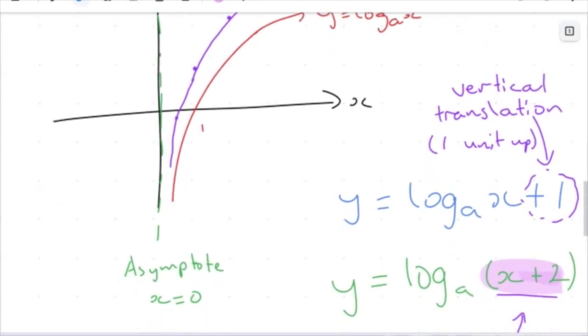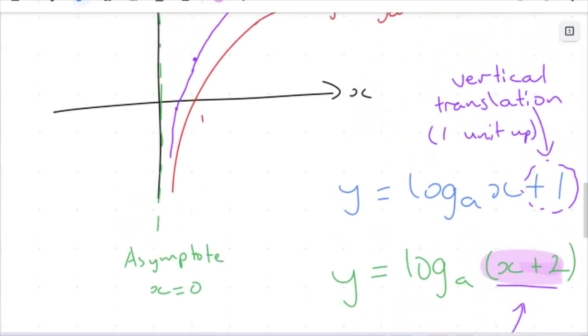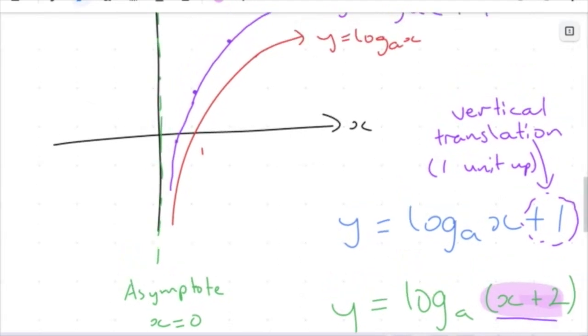Now, when we have this kind of horizontal translation, this shift, everything is going to get shifted 2 units to the left. So the asymptote as well is going to get shifted 2 units to the left. So instead of it being at 0, it's going to be at -2.